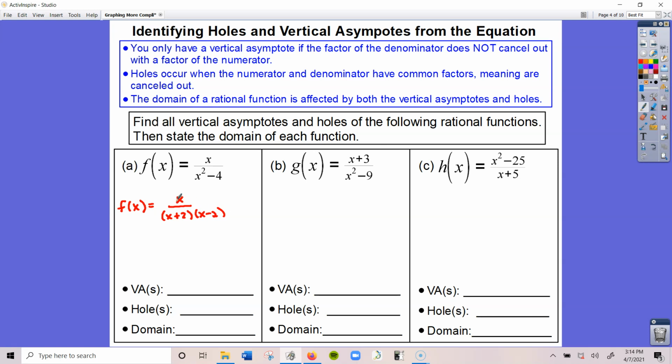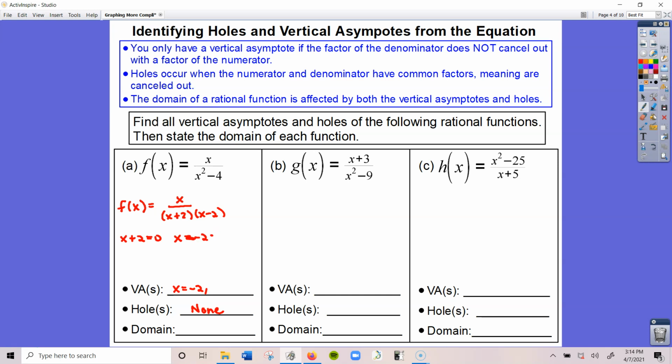Since nothing will cancel out, that means that there are no holes. We have two factors still left in the denominator. That means that we would set each of those factors equal to 0 and solve for x.